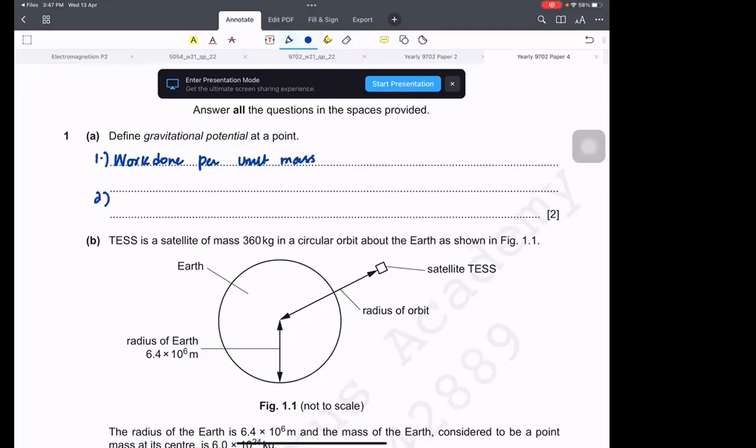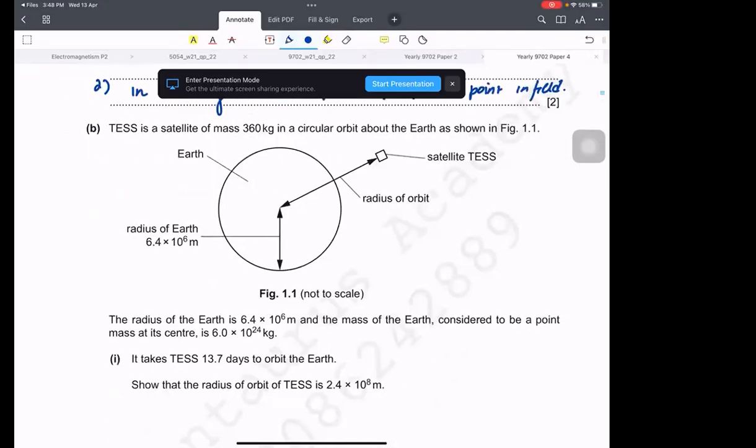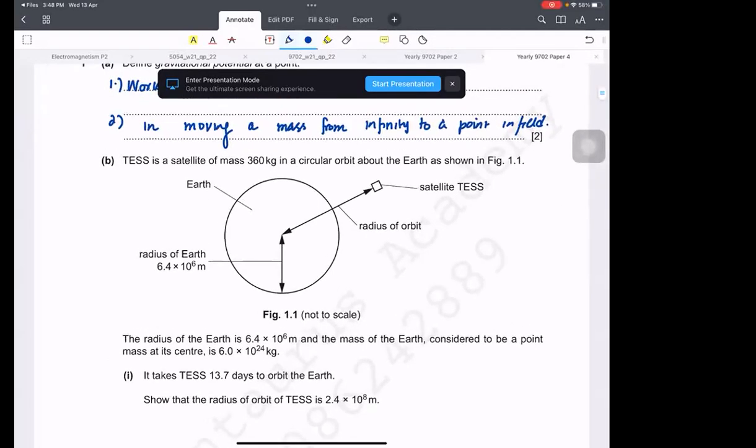The second mark is work done per unit mass in moving a mass from infinity to a point in the field. So that's what it is. Now it says unit mass.